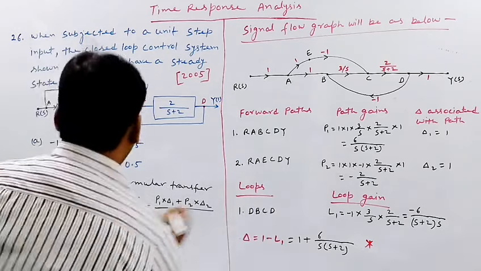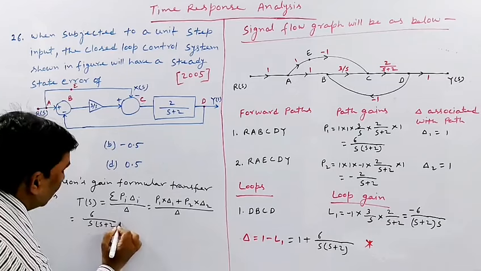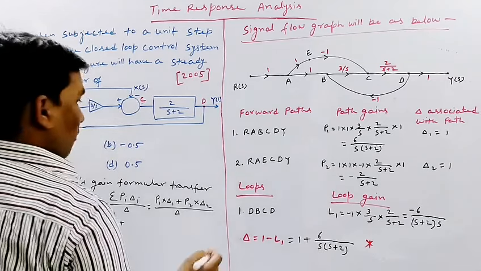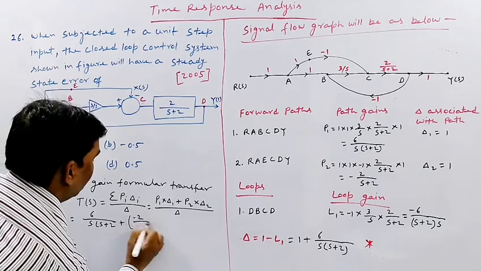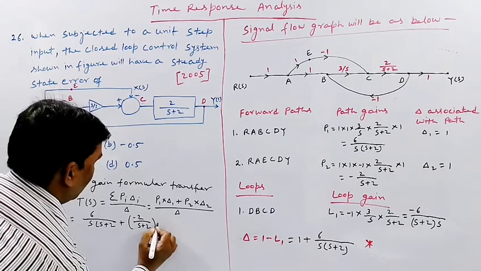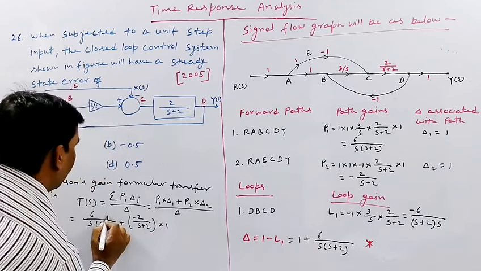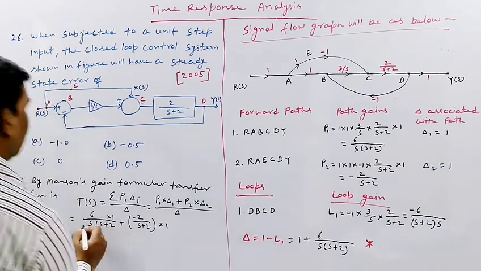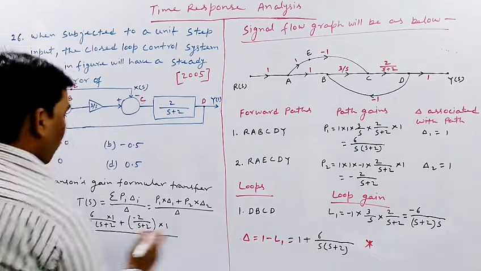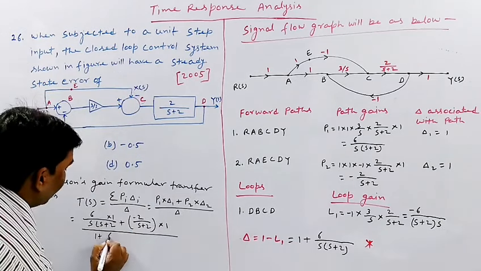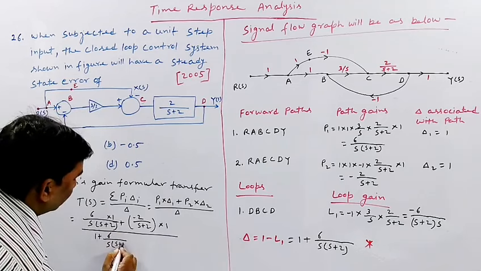P1 is 6 divided by S into S plus 2, plus P2, which is minus 2 divided by S plus 2, multiplied by delta 2 which is 1. Here also multiplied by 1 because delta 1 is also 1, divided by delta, which is 1 plus 6 divided by S into S plus 2.